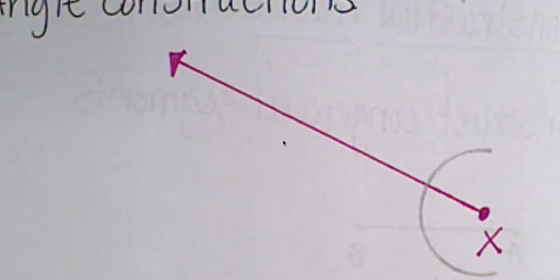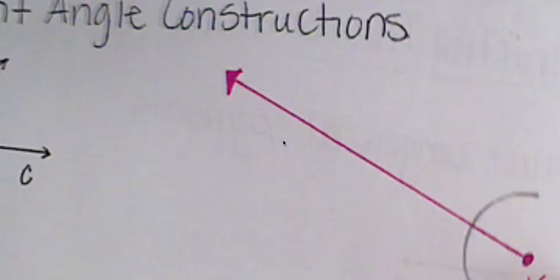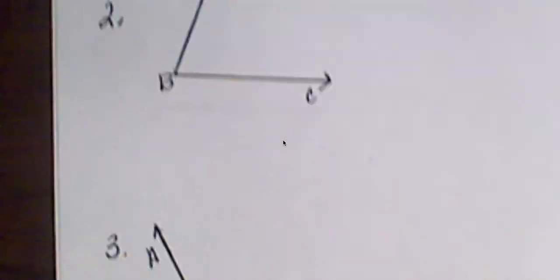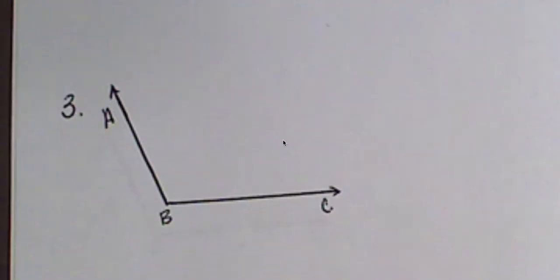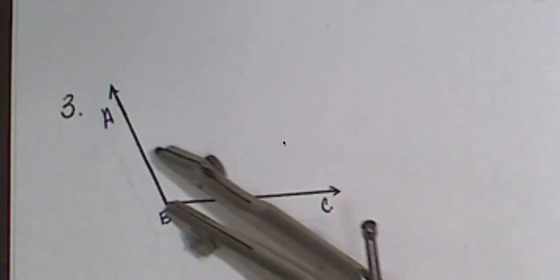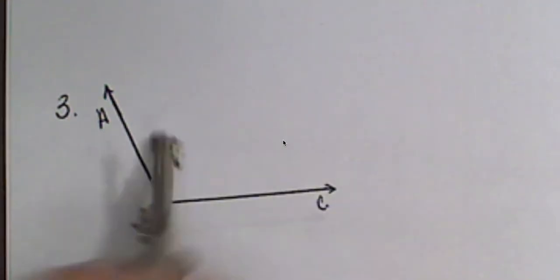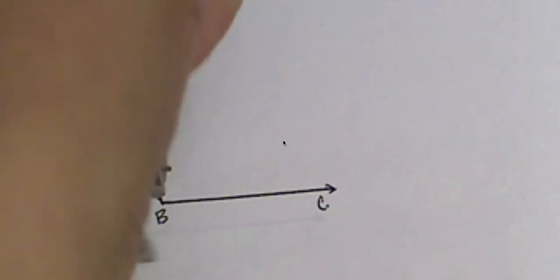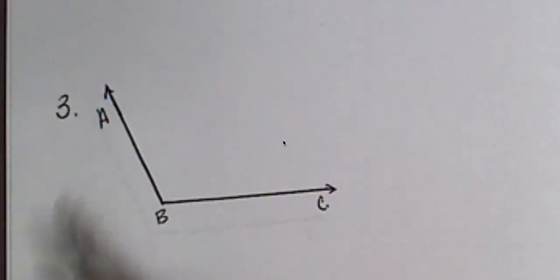However, if you were to be given an angle that is larger, like this one, you're going to need to make sure that when you are constructing another one that is congruent, your arc is large enough to fill that gap.